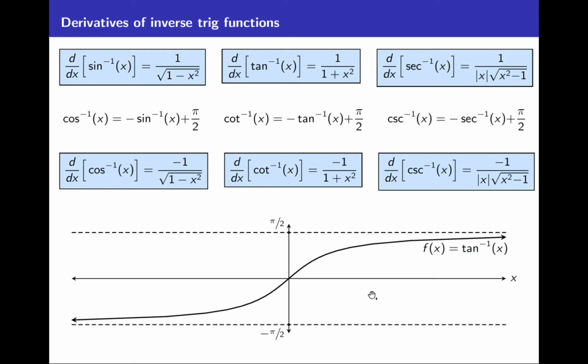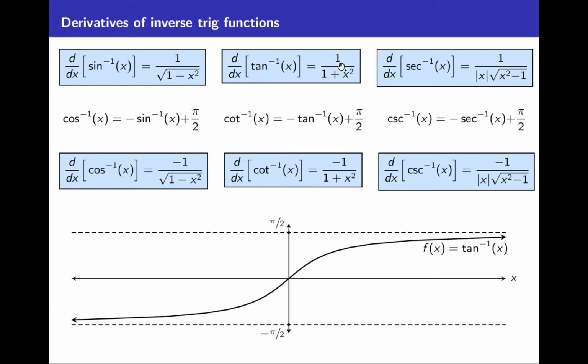I'd like to graph f of x equals tangent inverse of x and also its derivative, and we're going to compare them. Here's the graph of tangent inverse of x, and you'll remember it has horizontal asymptotes at y equals pi over 2 and negative pi over 2.